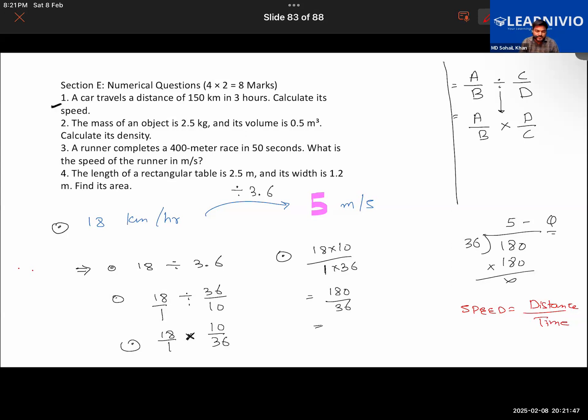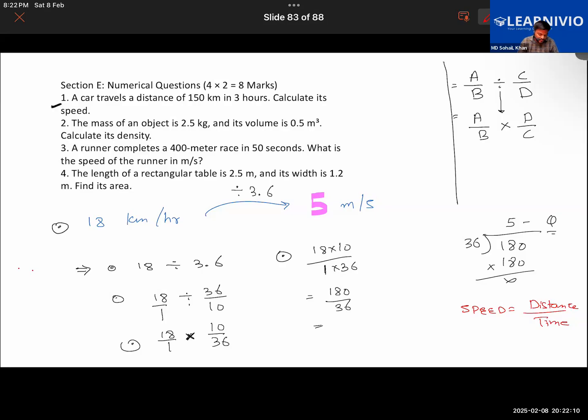Write the unit also, no? Yeah. M should not be in capital, by the way. Okay. No issues.